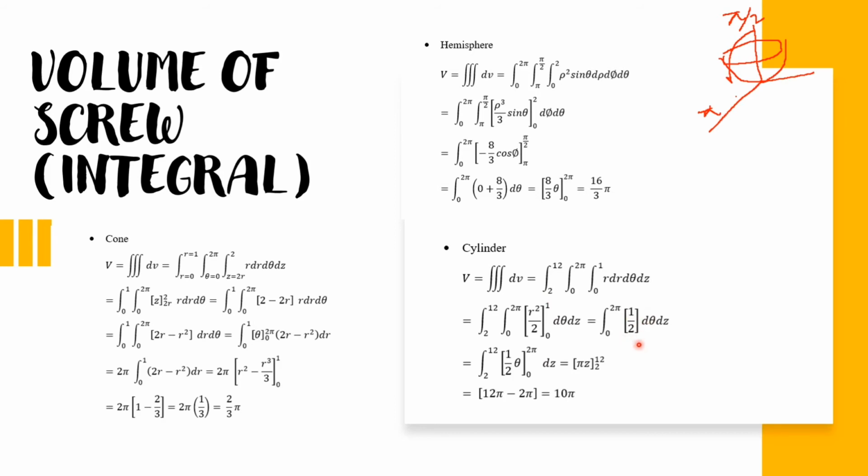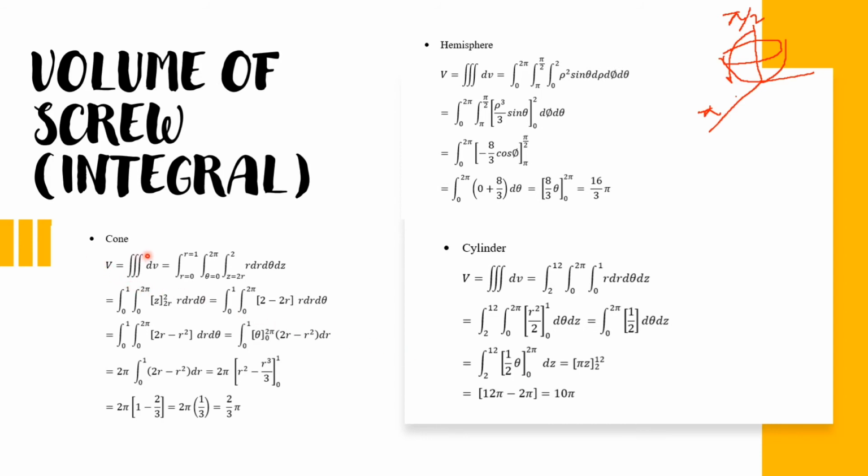We got 1 over 2 d theta dz. And then we integrate in terms of theta. We got 1 over 2 theta, insert 2 pi, and then we got pi z. And then we integrate in terms of z, insert 12 and 2, 12 pi minus 2 pi equals 10 pi.